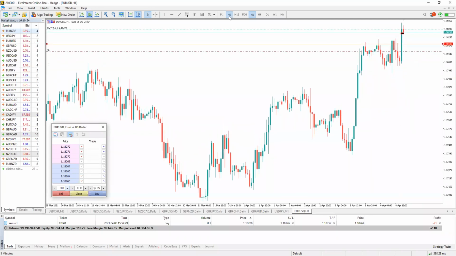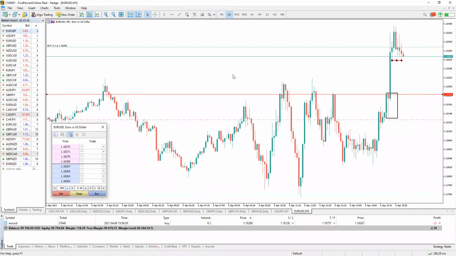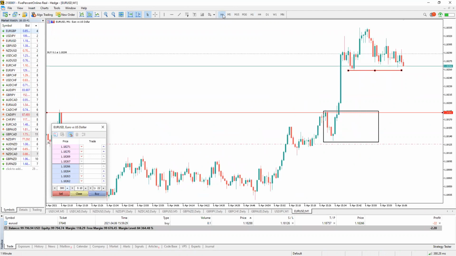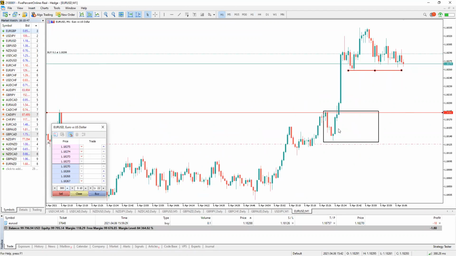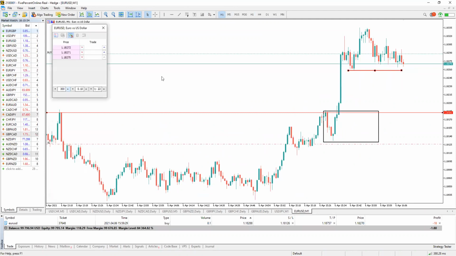So let's just wait and see how that turns out. And if not, of course, I will see how the market behaves when it gets to this area, and I might buy into that position. And if not, I'll just take the loss. It's not a big deal.